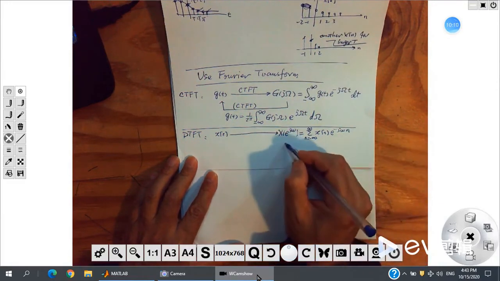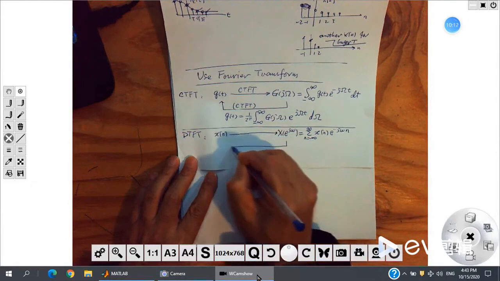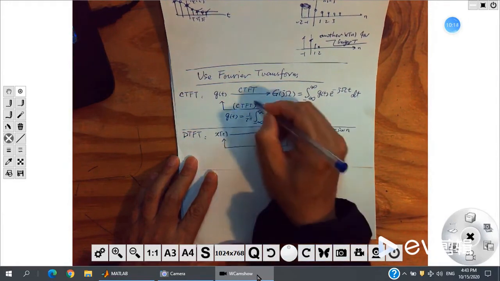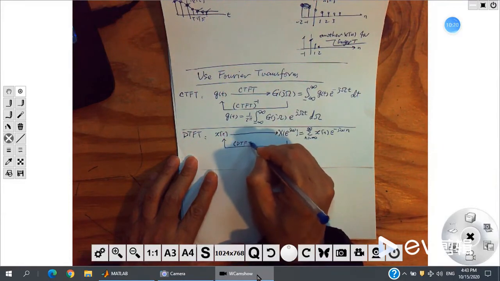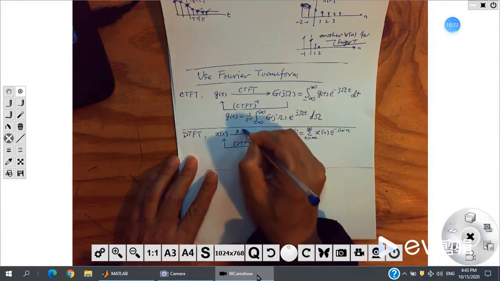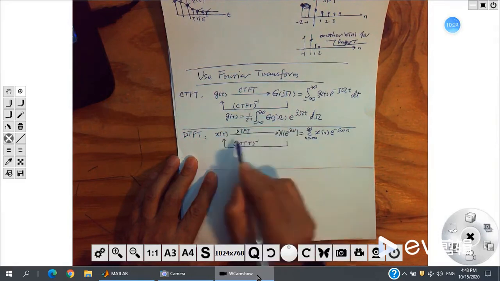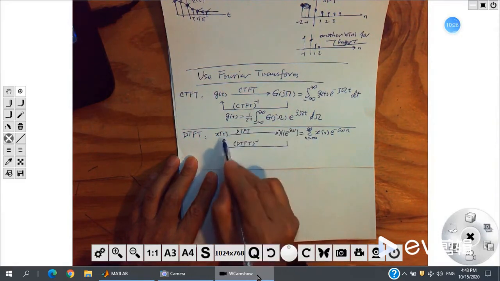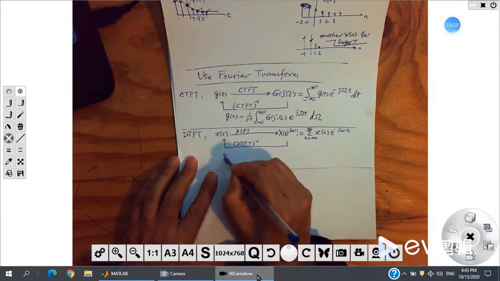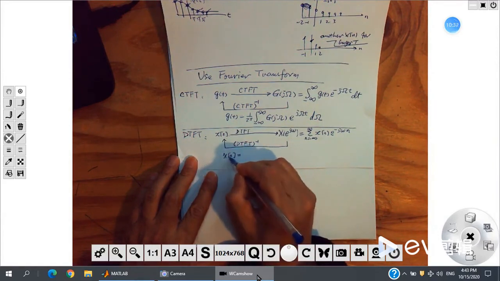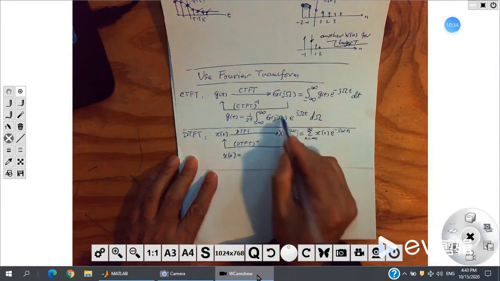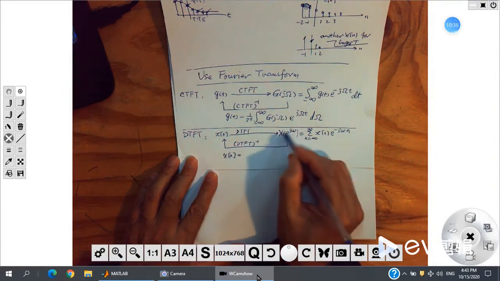Then the inverse is also similar. This is the DTFT with its inverse, so there are two directions. By the inverse, we can find the original time domain signal based on the frequency domain, which we call the spectrum.